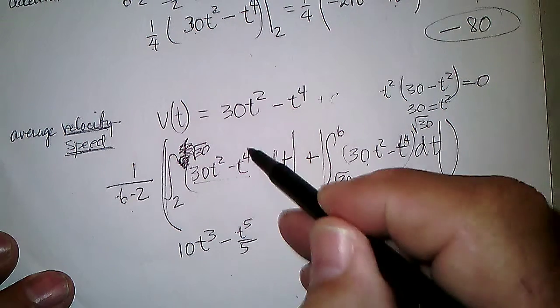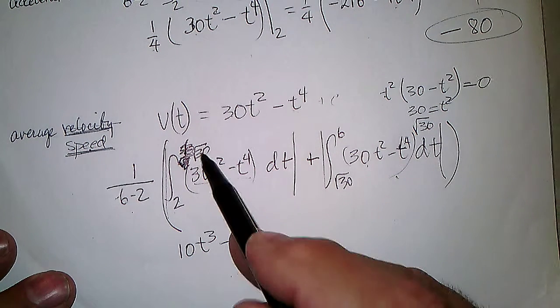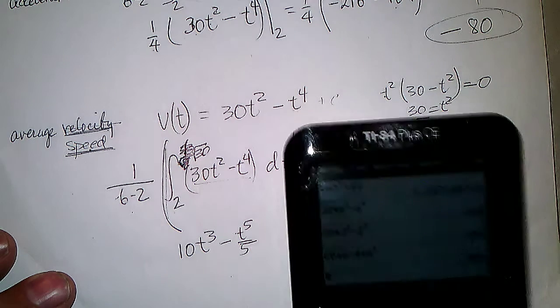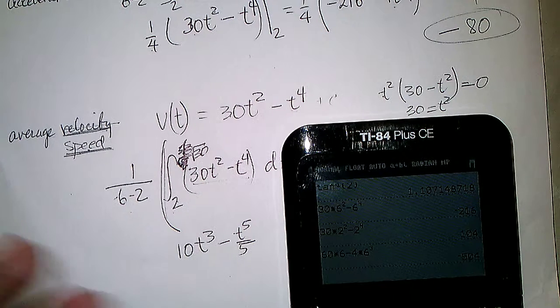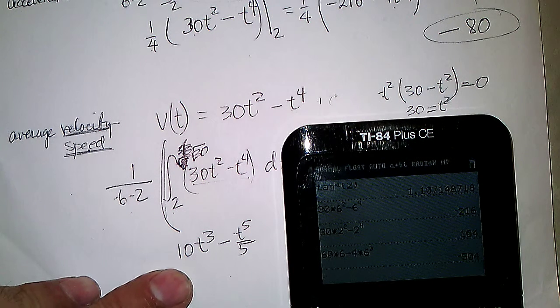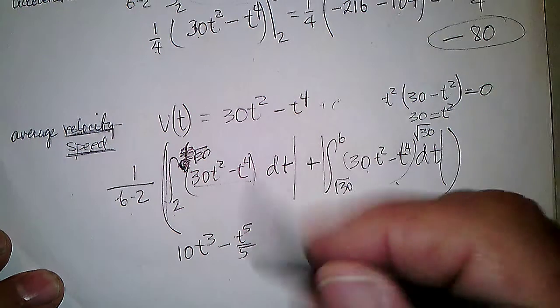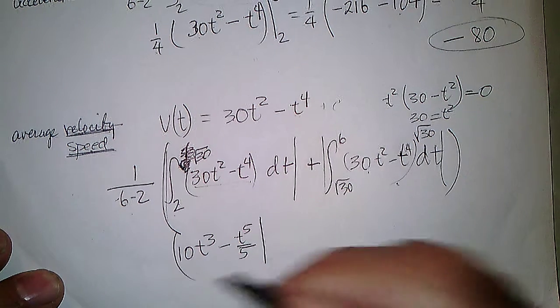And we've got to evaluate that from 2 to square root of 30, and then again from square root of 30 to 6. So I need to put several things in here, so I'm just going to do it this way. Let me write this out here so you know what I'm doing.